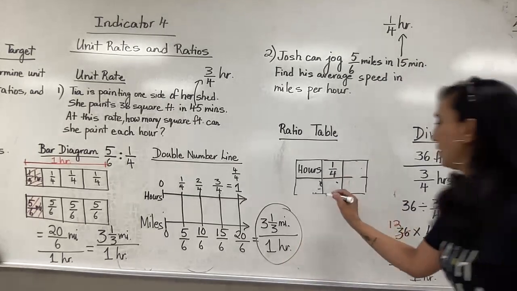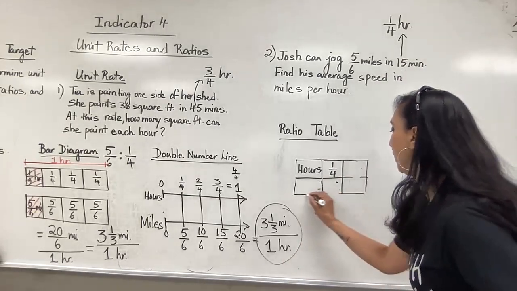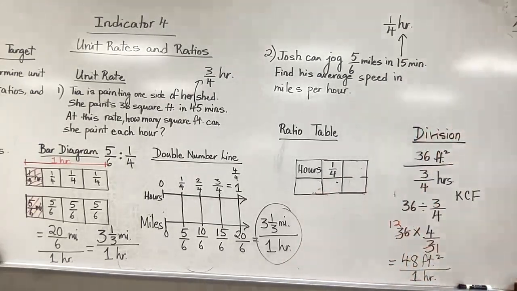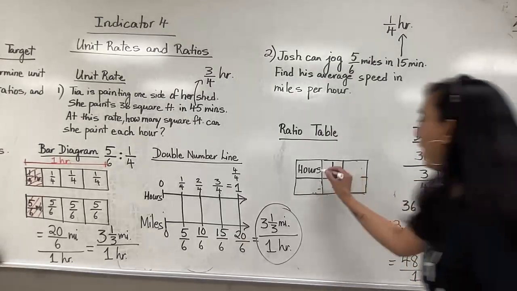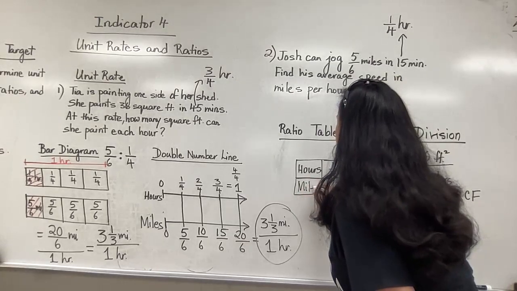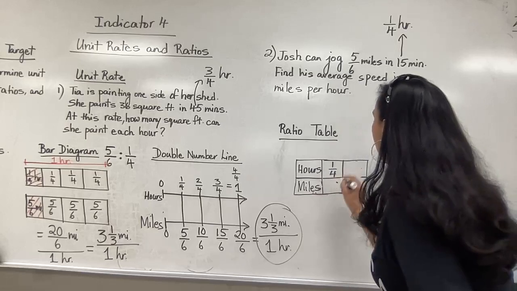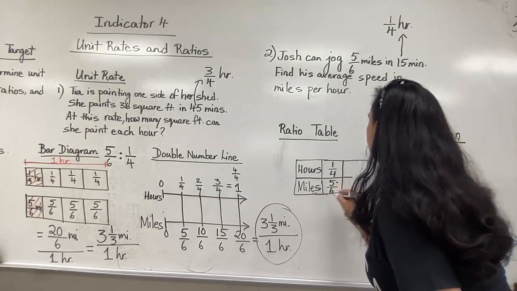So I'm going to make this table again like this. All right, and this is hours, this is miles, and 1/4 hours is 5/6 miles.